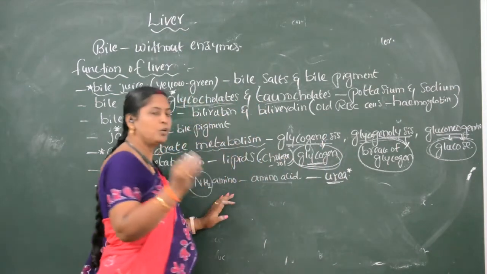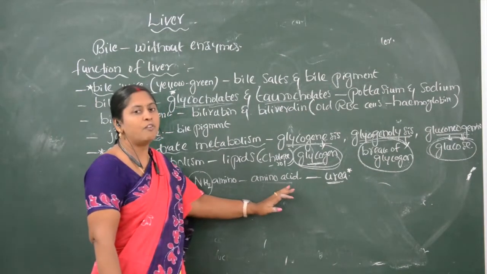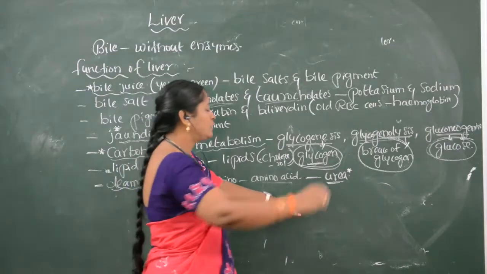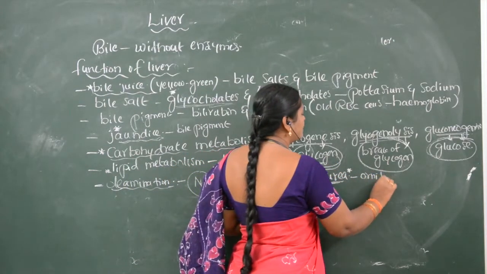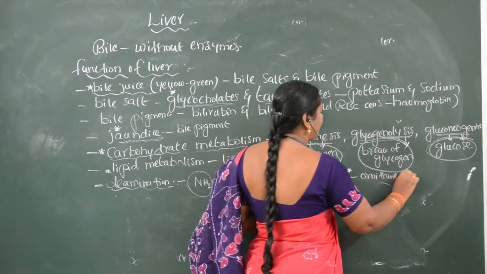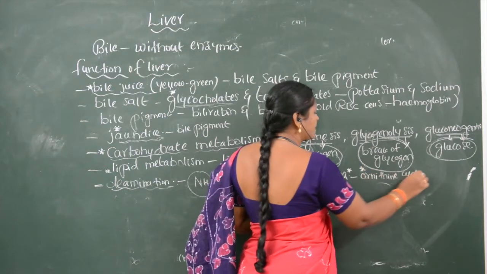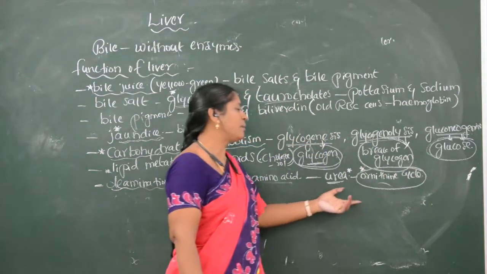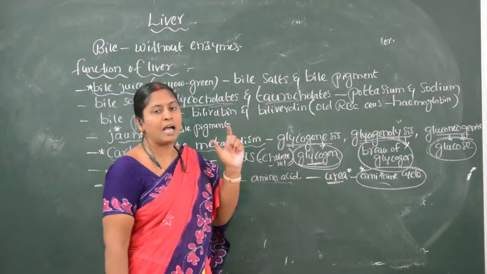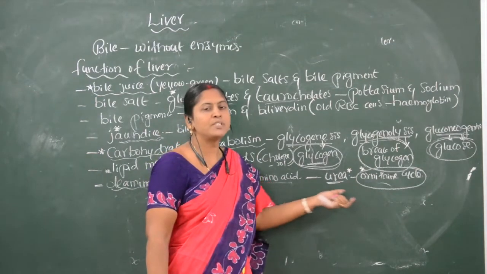The amino group removed from the amino acid forms into urea through the ornithine cycle. Very important bit. What is meant by ornithine cycle?